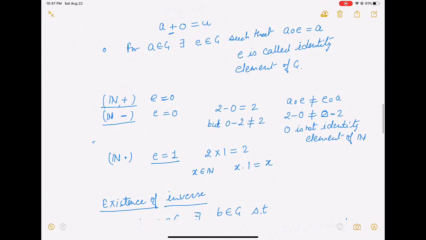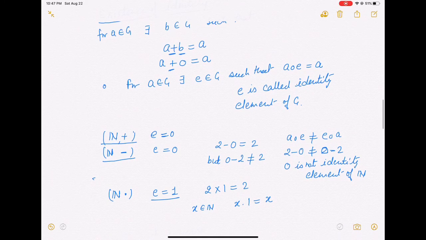One more important point. Here we write E equal to 0 is the identity element earlier. If to any natural number 2 we add 0, we get 2.